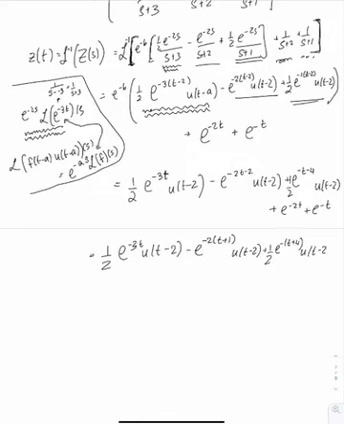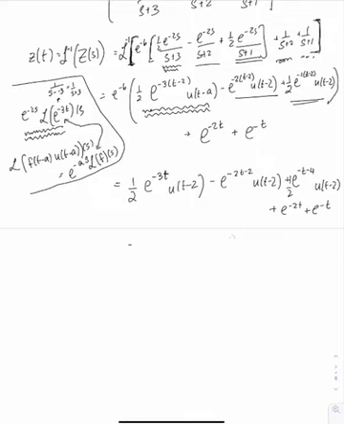In fact, you know what? Sorry, I should have done this. Let's factor out a u of t minus 2. I'll just write it right here.